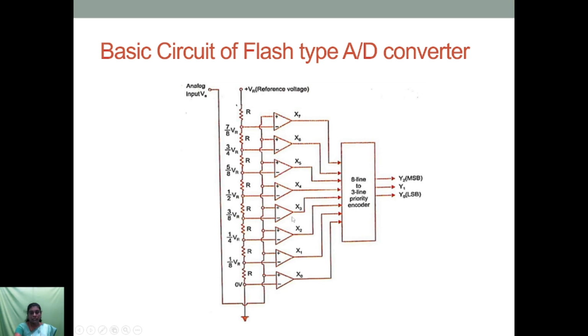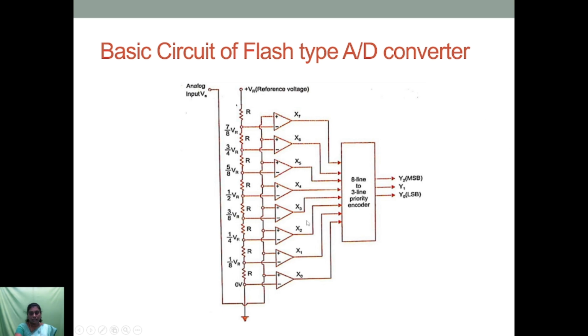The remaining x2, x3, x4, x5, x6 and x7 are set as 0. Only x0 and x1 will be set as 1. So the output of the comparator represents 1, 1, 0, 0, 0, 0, 0, 0.